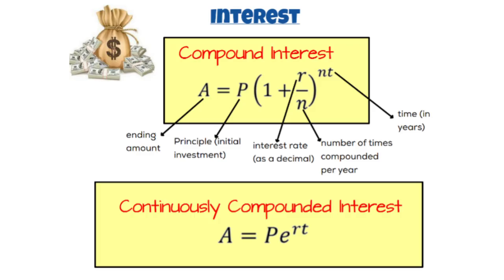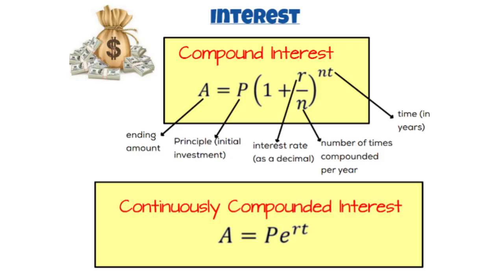And what they'll do is wait a certain amount of time and then say, all right, at this point, we owe you $5 in interest. And so compounding it means that they're going to take that $5 and add it to your account.